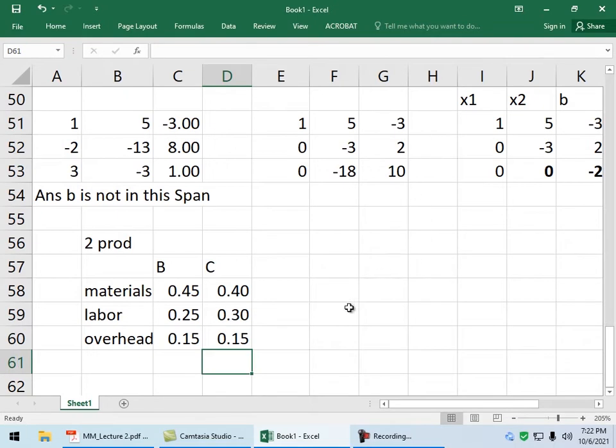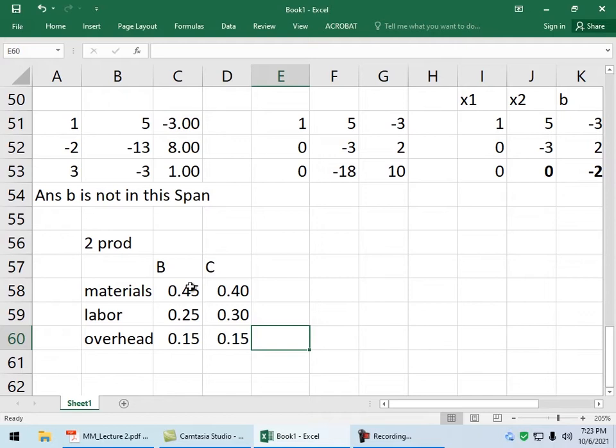If we have this kind of vector, how can we define this vector in terms of economics? In terms of economics, it will represent the costs per dollar of income for the two products, B and C. This is each vector.